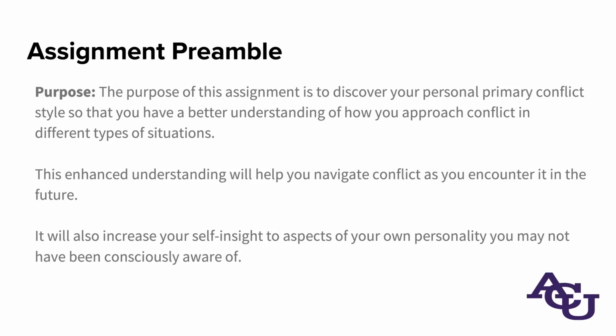Third sentence, it will also increase your self-insight to aspects of your own personality you may not have been consciously aware of. Now, we are all, to some degree, a product of the environments that we grew up in and have lived in. I am from a very large family. I have 10 siblings. Most people these days in the United States do not have that many siblings.